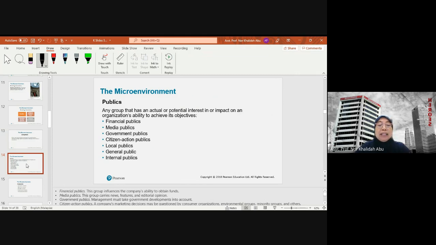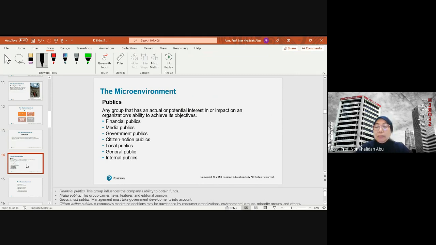Okay, then the local publics. These are probably the people living around you, and we have seen cases where things done by some businesses could have impact on those local publics, and they might be angry, especially if there are negative results for the people around them. But it could also be something positive.